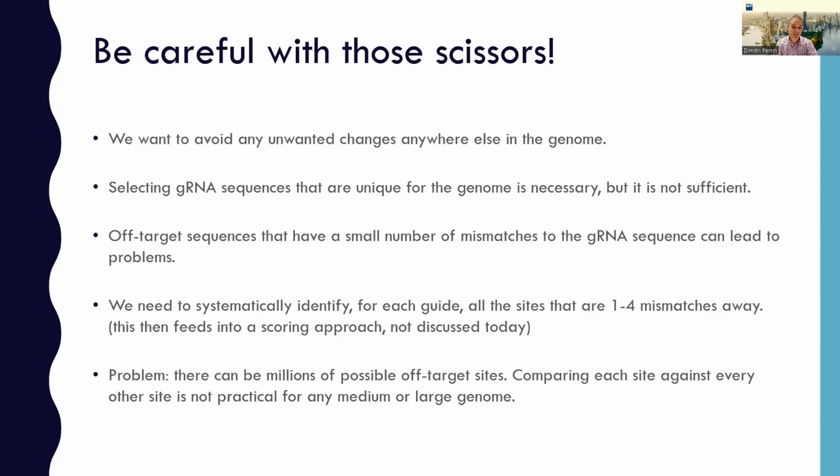The reason why it is challenging is that in a given genome, we have millions of possible CRISPR target sites. And as such, if we want to identify for a given guide all of those millions of sites that have 1 to 4 mismatches, we would potentially have to compare the guides with all of these possible sites. And that's not going to be practical for any genome of medium or large size.